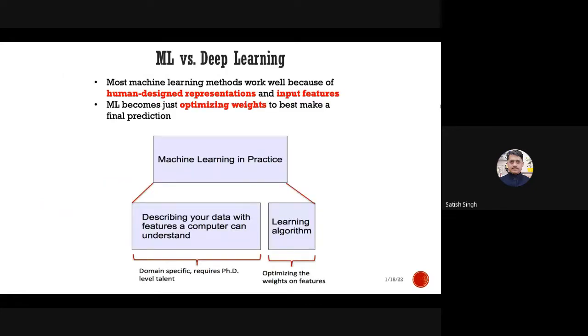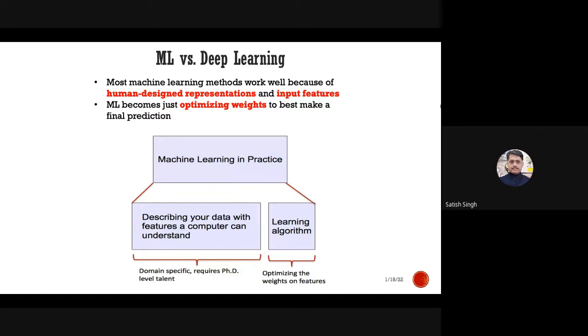So, machine learning versus deep learning. Most machine learning methods work well because of human-designed representations and input features. Human-designed representation and input features. Okay, means how those features will be used and what set of features should be used by the machines.